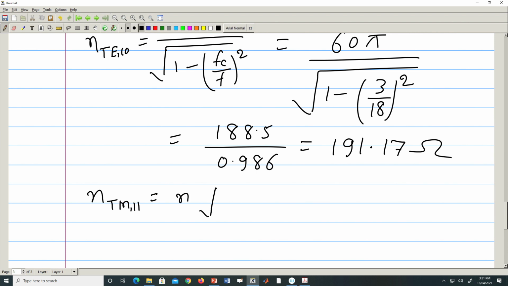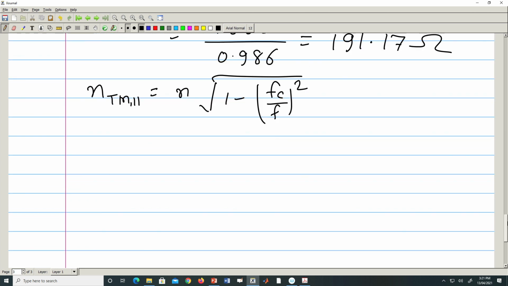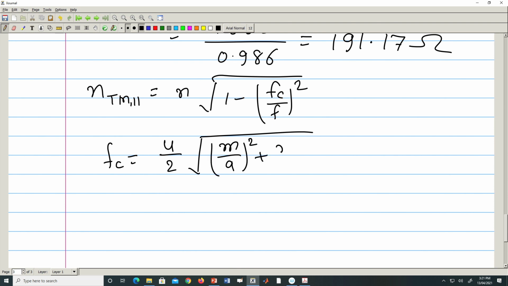So, fc will be u upon 2a square root of m by a whole square plus n by b whole square, and u will be the same for each mode. We have calculated it because this only depends on 1 by mu epsilon, that means 1.5 into 10 to the power 8 meter per second.